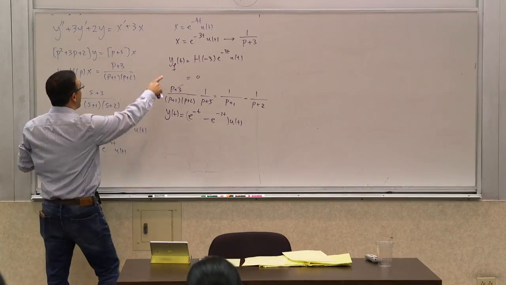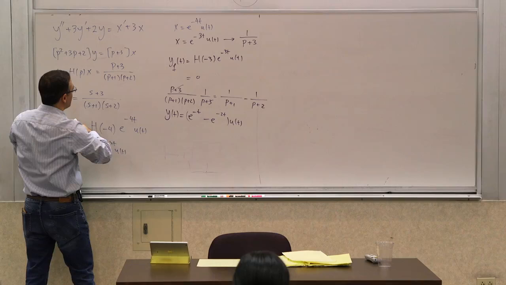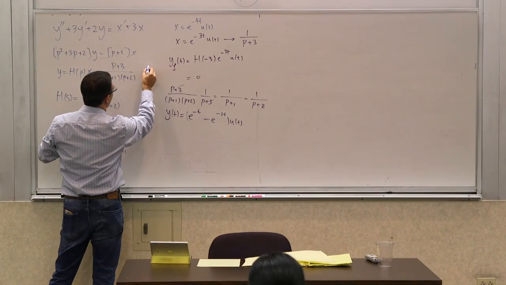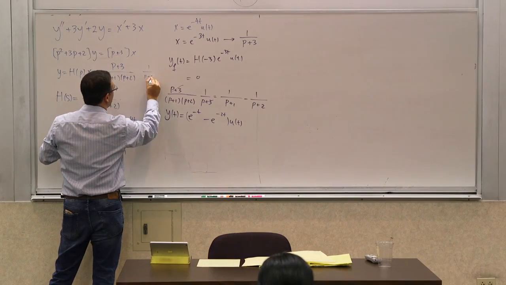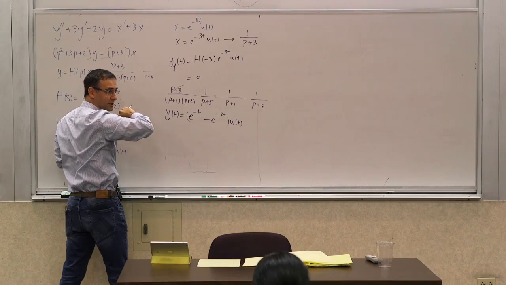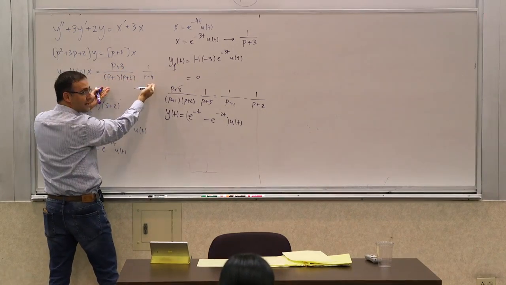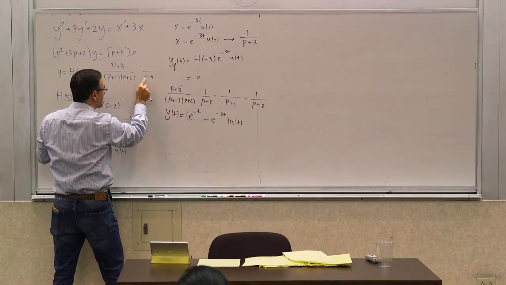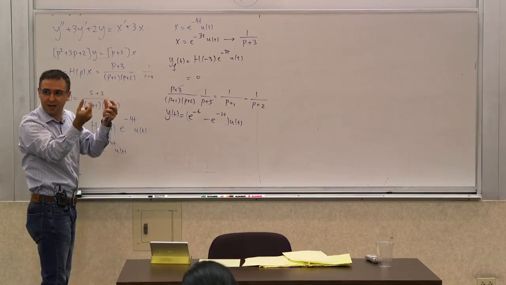Now, if I had done this for the first one, e to the negative 4t, I would have had to multiply this by 1 over p plus 4, if I wanted to calculate its output to this input. Now, this doesn't cancel that. So then I have a different partial fraction expansion, which would produce this frequency and that frequency, because there would be three terms in that partial fraction expansion.